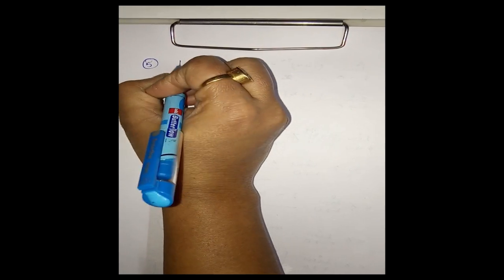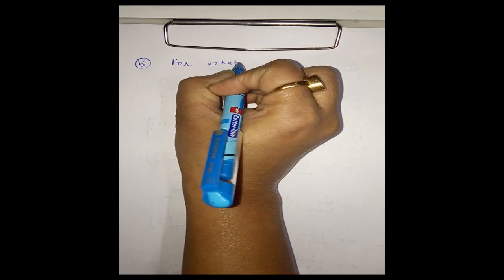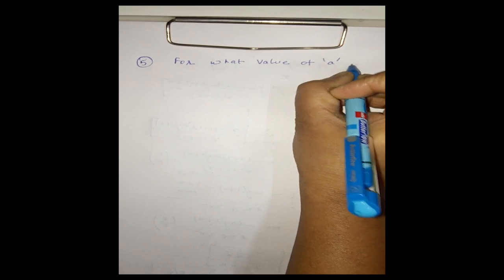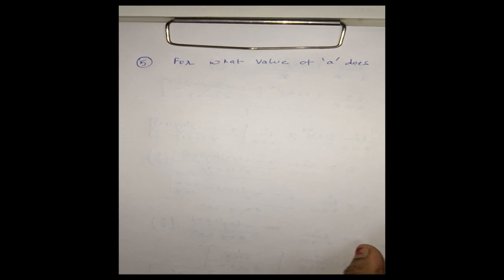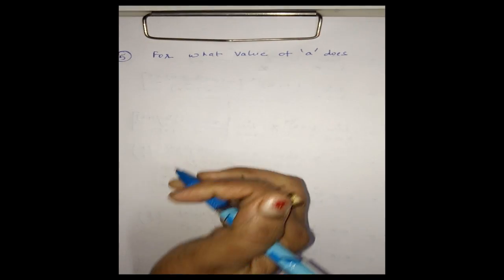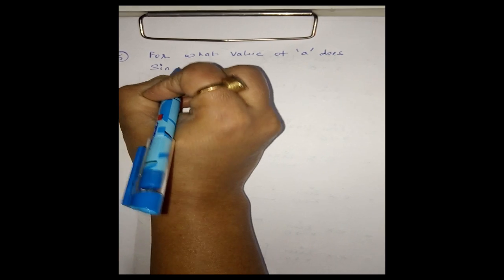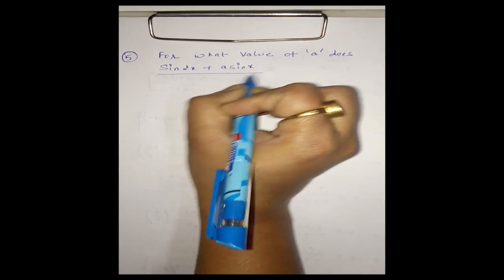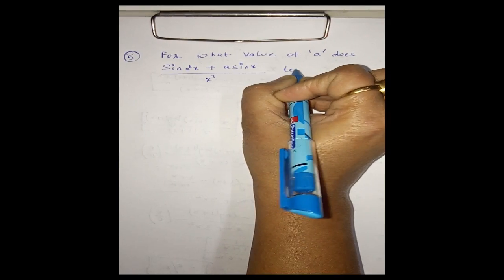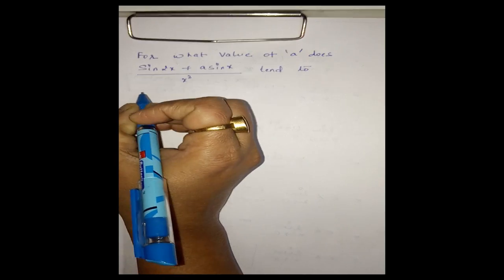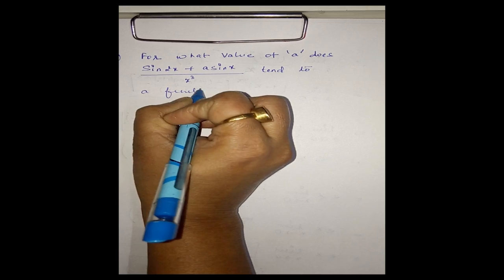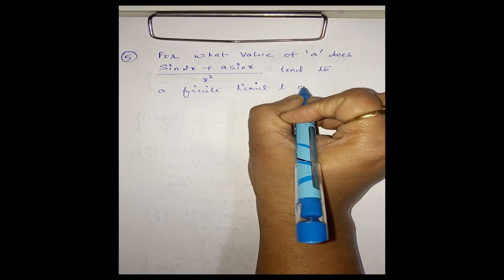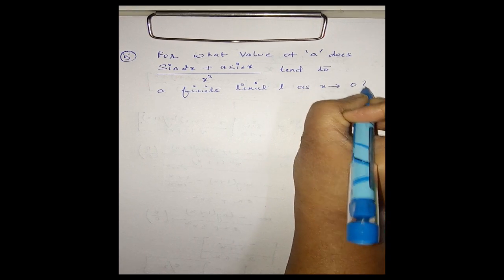For what value of a does (sin 2x + a sin x) / x cubed tend to a finite limit L as x tends to 0?